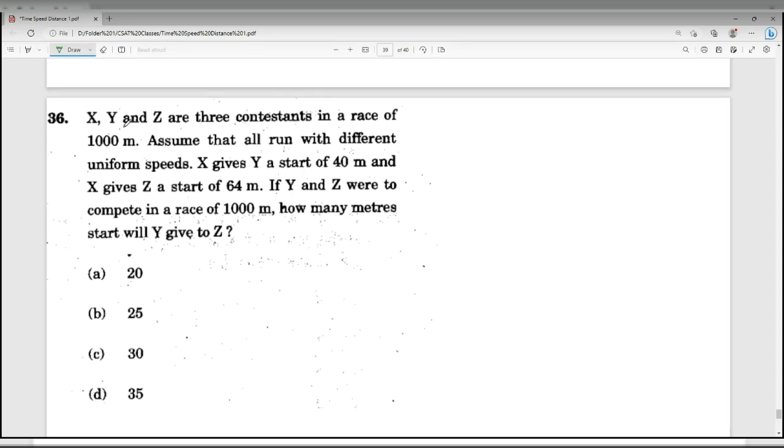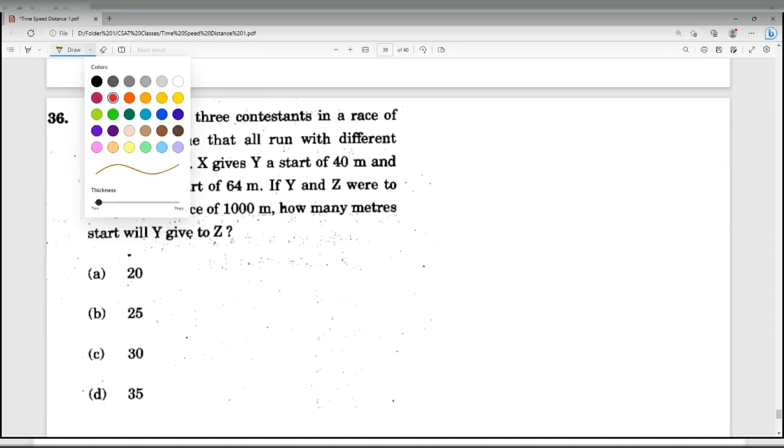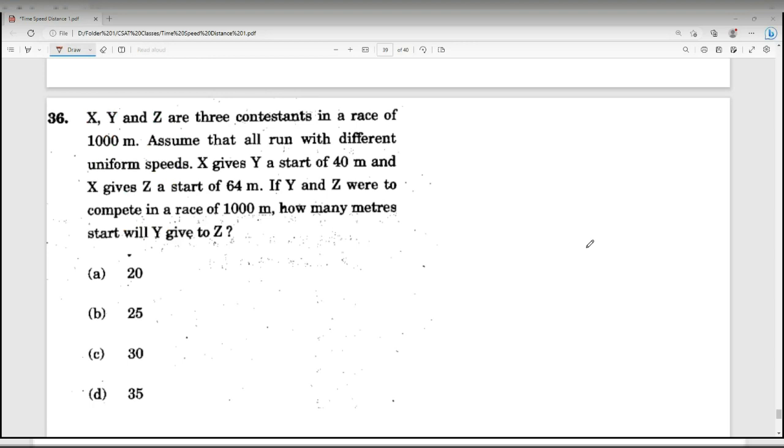So X, Y, and Z are 3 contestants in a race of 1000 meters. Assume that all run with different uniform speeds. X gives Y a start of 40 meters and X gives Z a start of 64 meters.